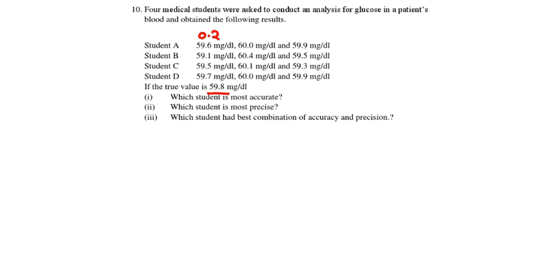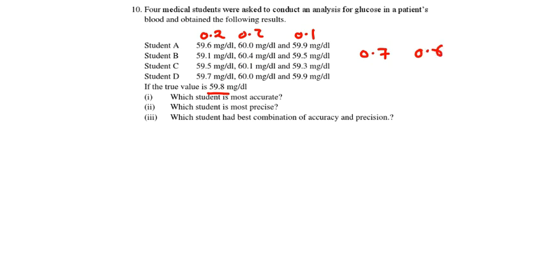About 0.2 less. That is about 0.2 more. That one is about 0.1 more. If you check this one, 59.1, there the difference is about 0.7. 60.4, that's like 0.6 more. Of course, it has already lost in comparison to the first one.